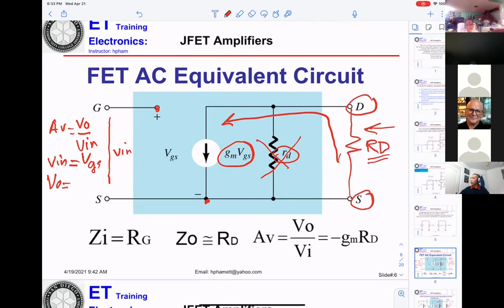However, the current is flowing opposite, from the source up. That's why you have to get the minus. The minus is telling me the voltage and the current are in opposite directions. So they will equal minus gm VGS times, in this case, R big D.